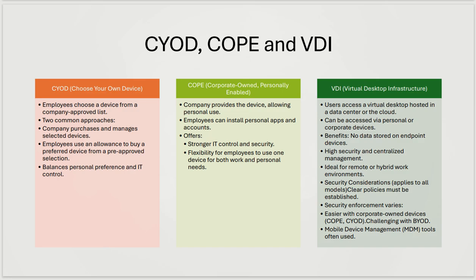Here, there is a stronger IT control involved because these have been given to the employee by the company, and so the company can properly ensure or lock down the applications that the user of this device will be allowed to use. But the user also has the flexibility to use one device for their private work and for the company.